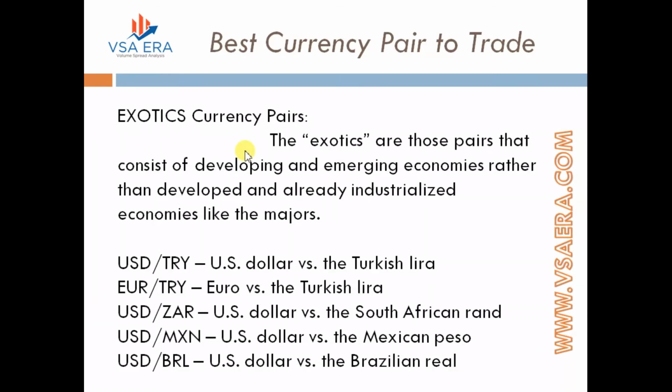Exotic currency pairs are those pairs that consist of developing and emerging economies rather than developed and already industrialized economies. Like a major, like Australian dollar or US dollar with Turkish lira, euro with Turkish lira, where TRY is Turkish lira, South African rand, MXN is Mexican peso, BRL is Brazilian real.